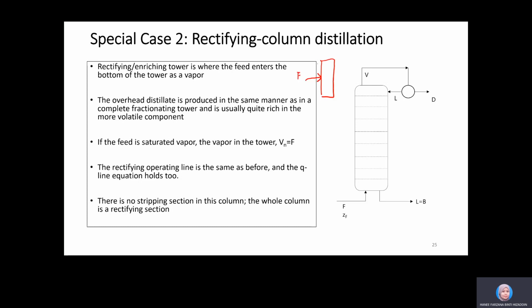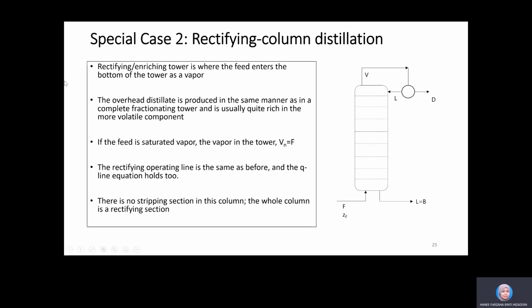You have feed, the rectification section, condenser, reflux, product, and then reboiler, bottoms product, vapor. But here you don't have the stripping section at all. What you have is a rectification column, like what you see in the diagram here.